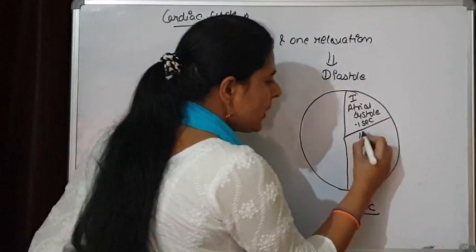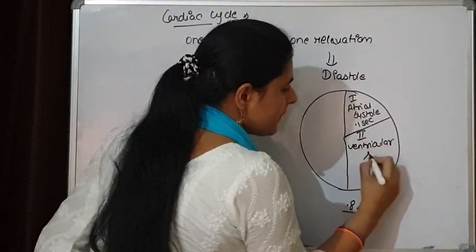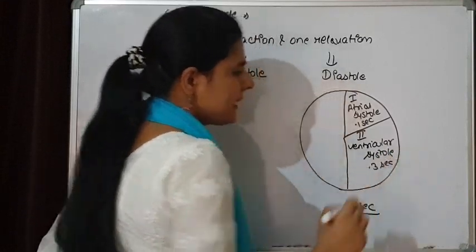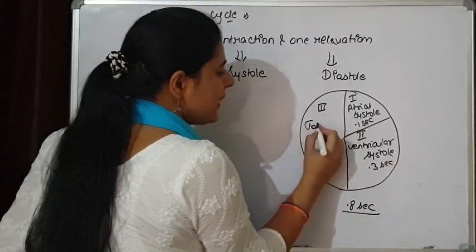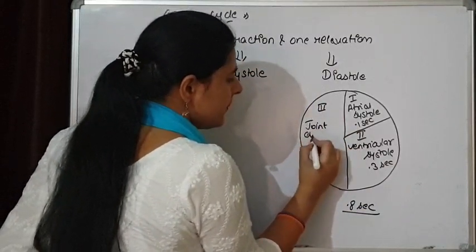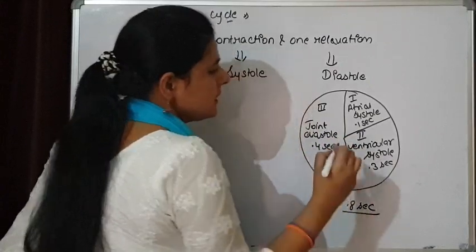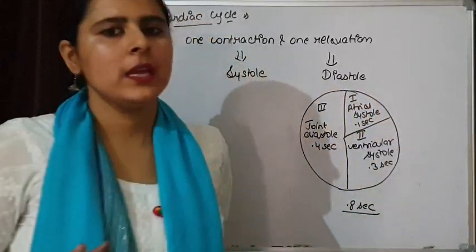The second one is ventricular systole, which takes 0.3 second. And the third step of the cardiac cycle is joint diastole, which takes 0.4 second. This is how one cardiac cycle is completed.